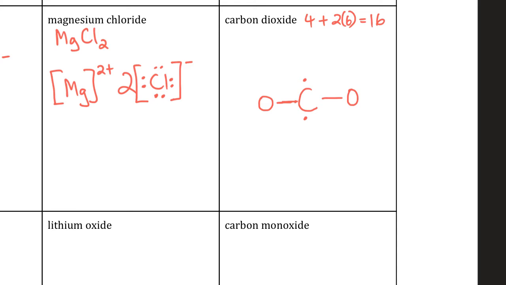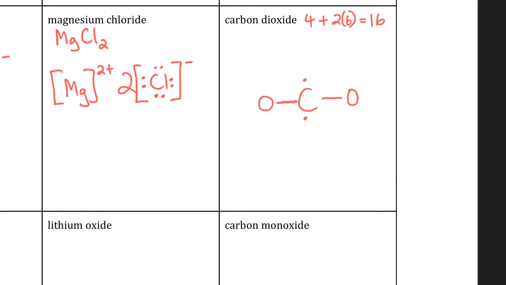And then if it's sharing 4 electrons, then it's 1, 2, 3, 4, 5, 6. That does not follow the octet rule. The octet rule states that each atom in a covalently bonded compound has to have 8 electrons around it. So carbon only has 6, so that doesn't quite work out.